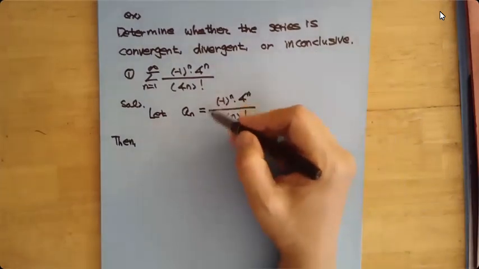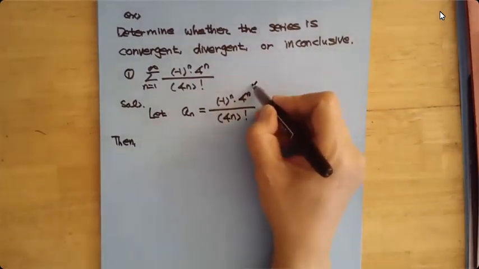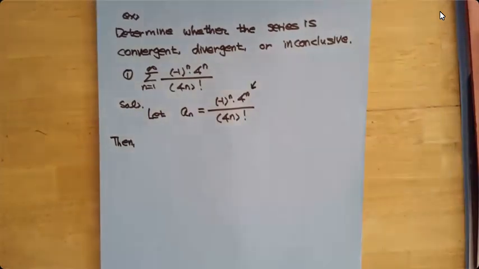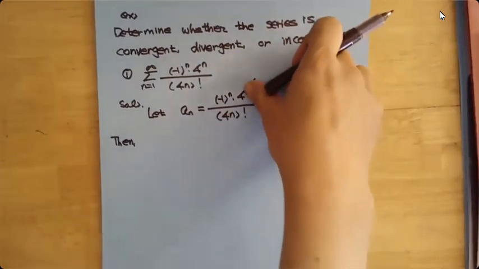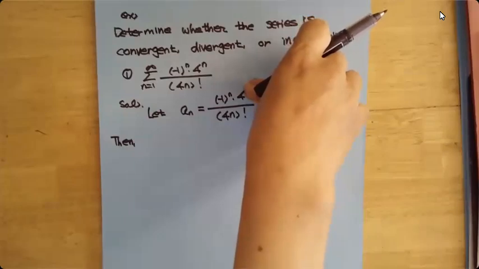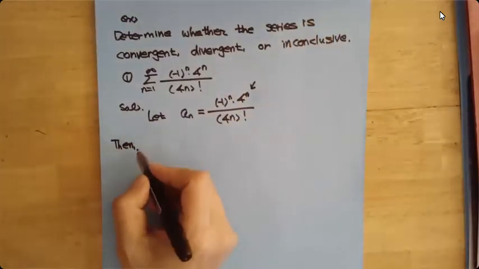If you look at the sequence, then there is 4 to the n power. So if we apply the nth root, then we can eliminate this nth power here, and then things will become a lot simpler to determine the convergence.